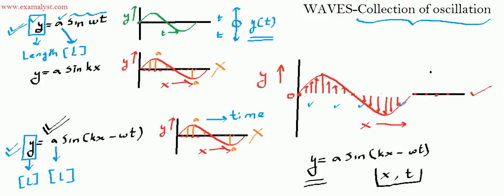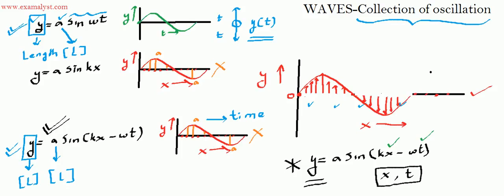This is what y equals a sine kx minus omega t tells you. So let me repeat again. y equals a sine kx minus omega t gives you the information of the displacement of the particle from its mean position at time t, and the particle is present at the position x.